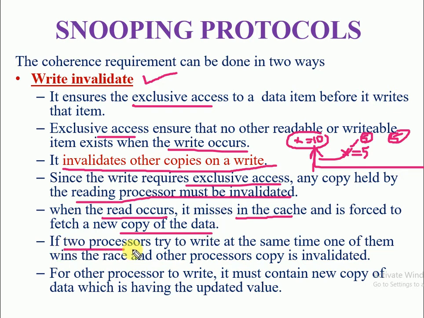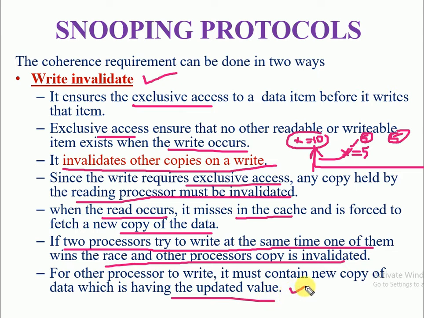Now, if two processors try to write at the same time, one of them wins the race and the other processor waits, so some order will be maintained there. That is not an issue. For another processor to write, it must contain a new copy of the data which has the updated value.